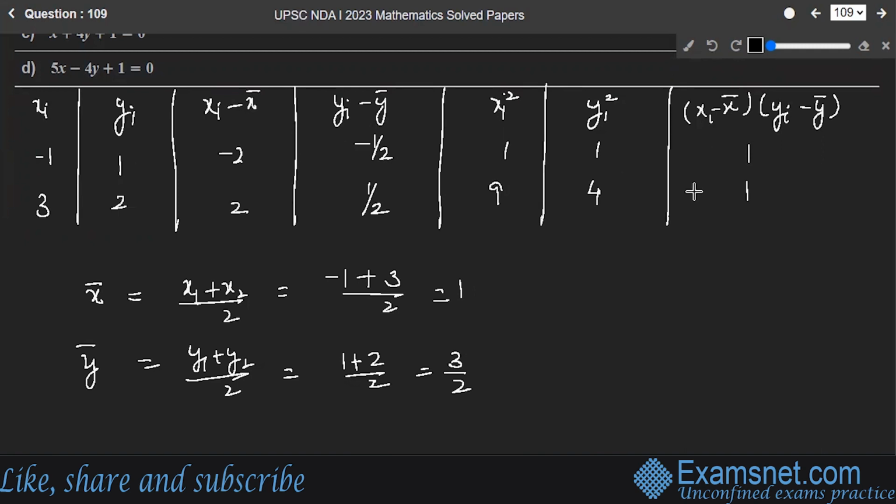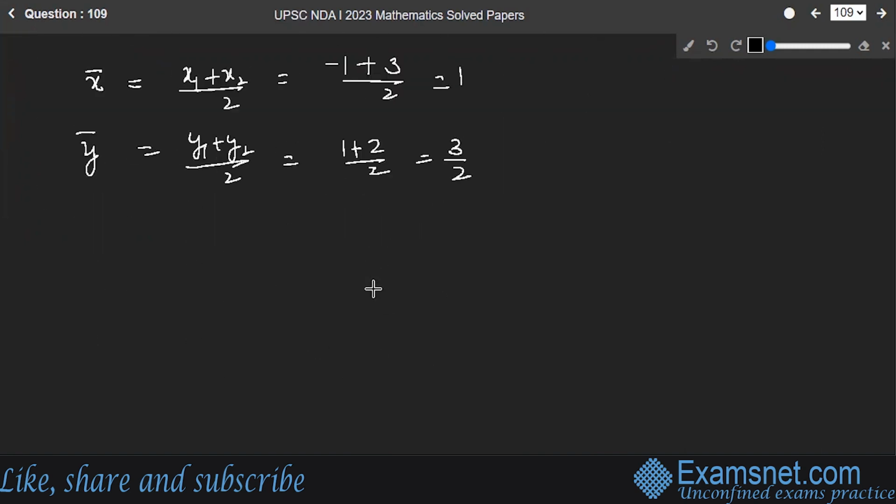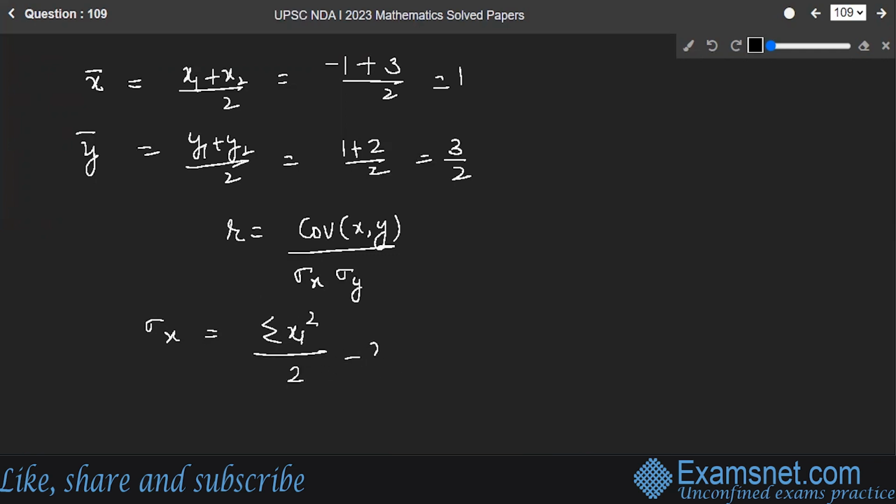Okay. So next, R is given by covariance of x, y divided by the square root of variance x into variance y. Variance x is given by sigma xi square upon 2 minus x bar whole square.